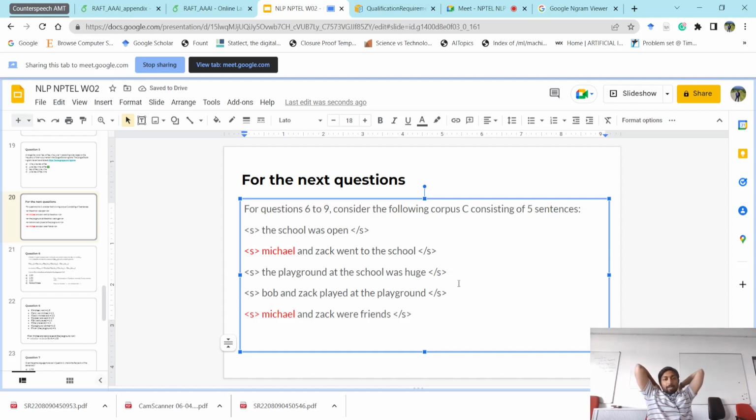The denominator is how many instances of S comma Michael, the starting token and Michael, are there, and the numerator is how many tokens of these 3 are there. So it is the frequency of S, Michael and the third word, divided by the frequency of S and Michael.